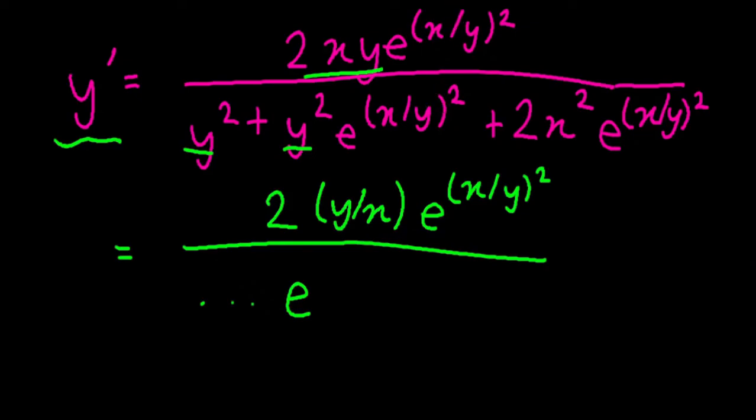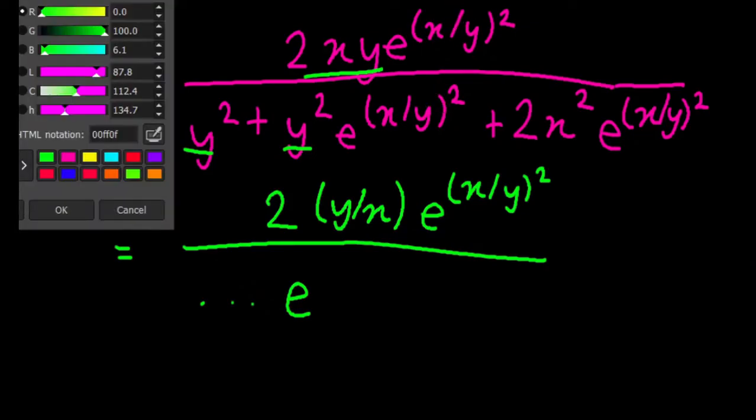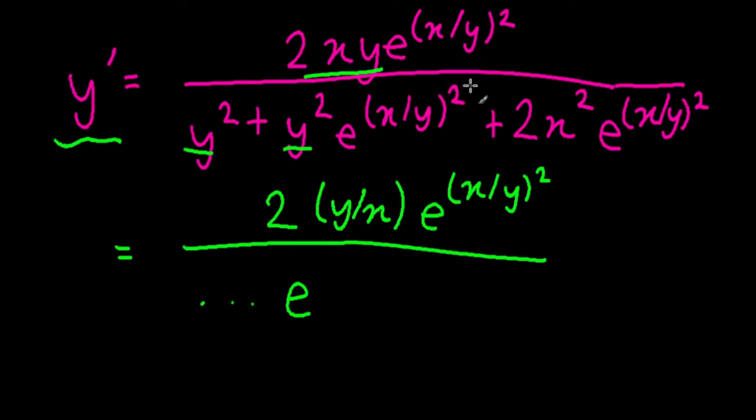The first thing I wanted to mention is that this is a first order differential equation, and in an exponential function you have something like x by y, or even something like y by x squared.